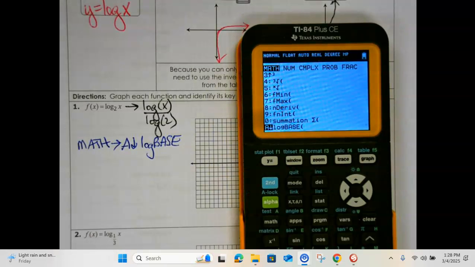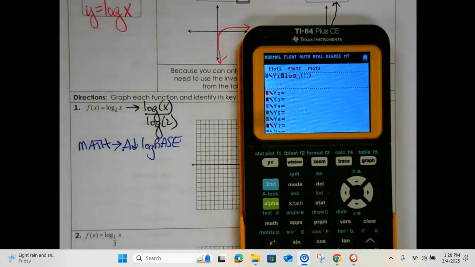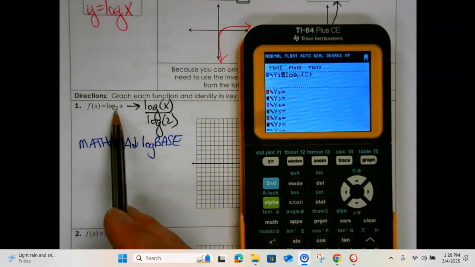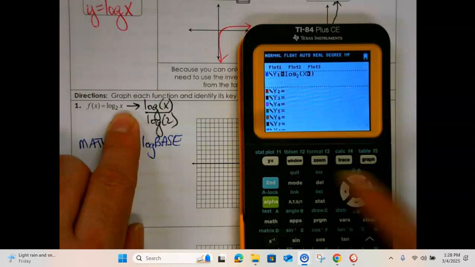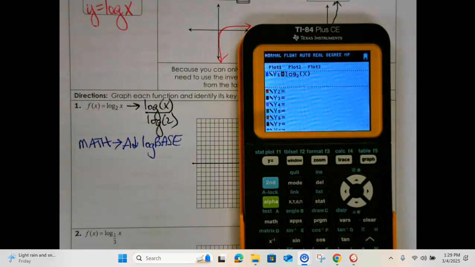The reason this is so cool, and I just saw this last week for the first time, I was like, dang, I needed this in my life for a long time. If you hit this, it looks like this format, except it has boxes in the places. And it's as easy as plug the number in there, right arrow, plug the x in there. That will work. That's so much better.